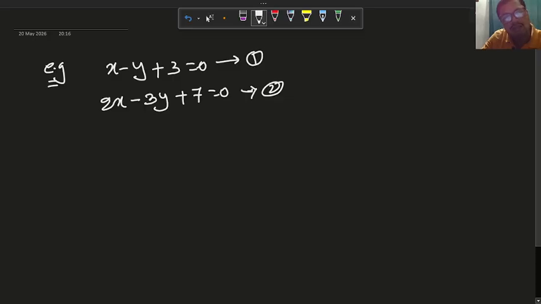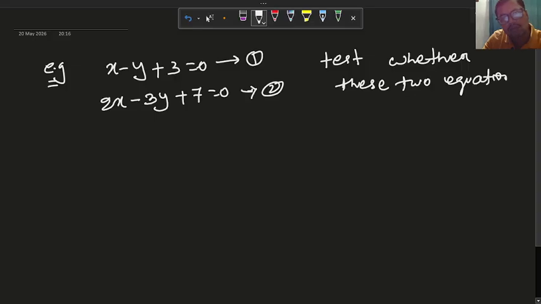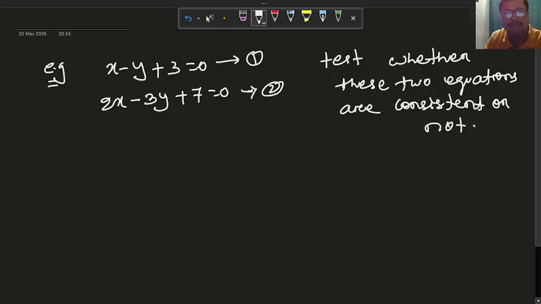So the question is: test whether these two equations are consistent or not.